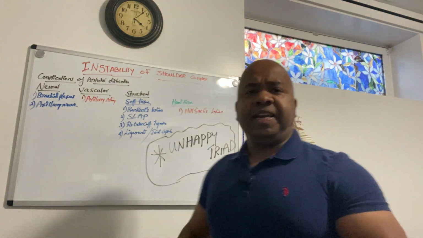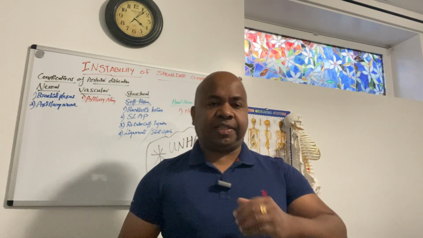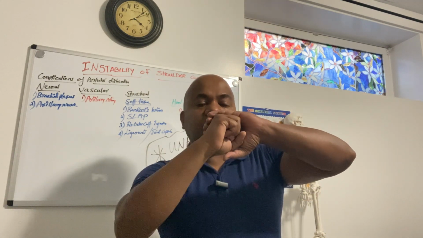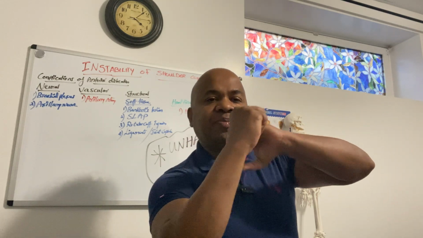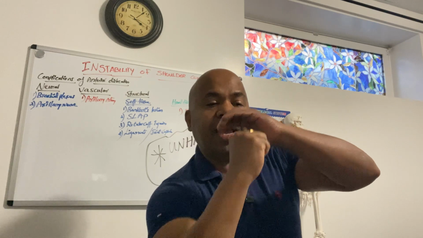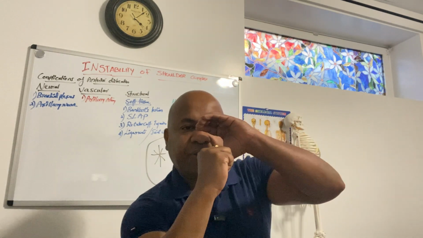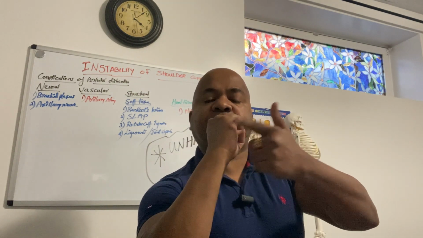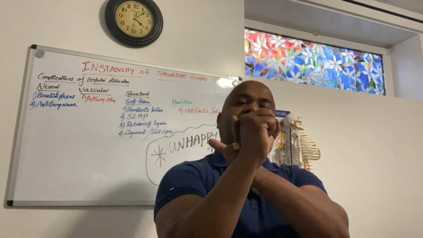What is a Hill-Sachs lesion? As you know, when there is an anterior dislocation, imagine this is the glenoid cavity, and the head of the humerus is moving anteriorly and inferiorly. This is the anterior aspect of the humerus, this is the posterior aspect, this is the medial aspect, and this is the lateral aspect.